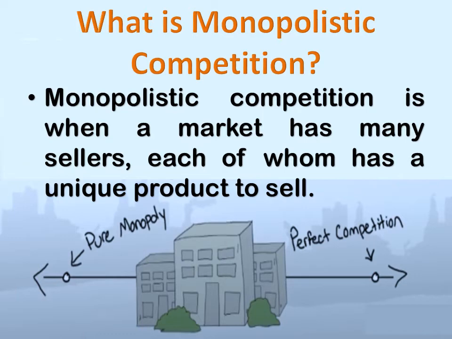While many sellers exist in the market for a particular product, the product is in some way differentiated in the minds of consumers from the product of every other seller. It means there are no perfect substitutes in monopolistic competition, and it is closely related to the business strategy of product differentiation. Simply, we can say monopolistic competition is when a market has many sellers, each of whom has a unique product to sell.